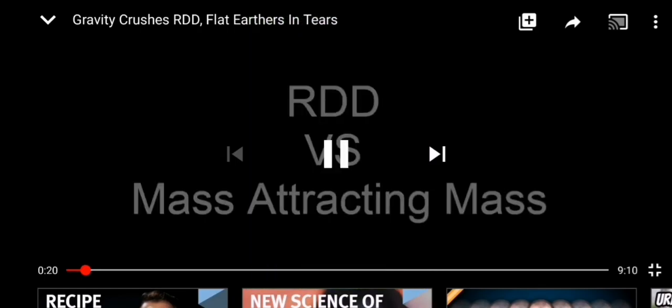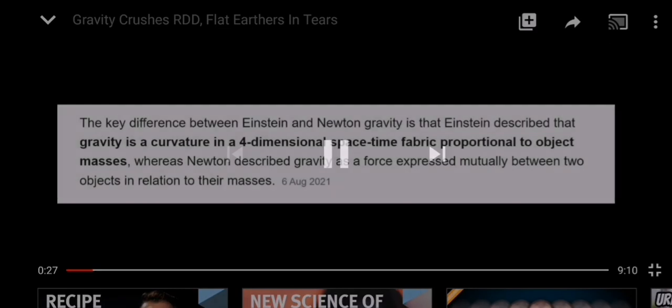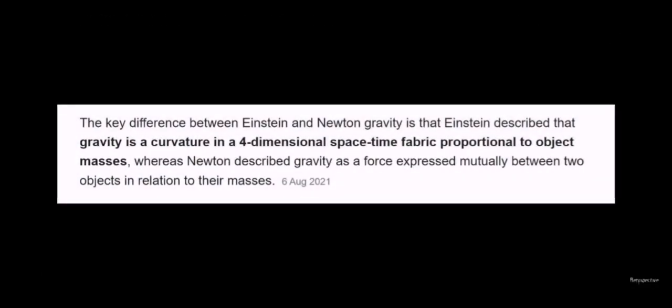Does relative density disequilibrium also work when compared to mass attracting mass? Mass hasn't attracted mass for over 106 years. In fact, it never did. It was a misconception. But now Einstein comes along and debunks mass attracting mass. But carry on. Well, let's just start first and foremost with Newtonian physics and the notion that Einstein debunked Newton.